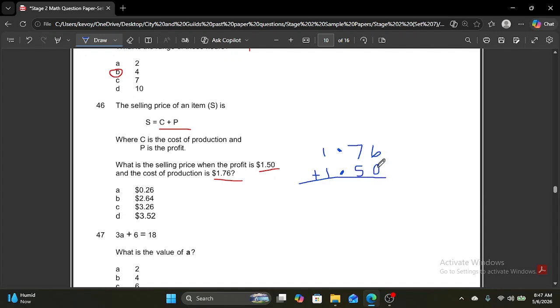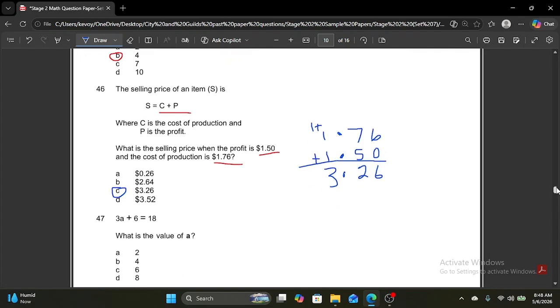So it's adding them together. 6 plus 0 is 6. 5 plus 7, that's 12. And if you add the ones together, 1 plus 1 is 2 plus 1, that's 3. So that's $3.26. So let's look for it. $3.26. So that's that. Moving right along.